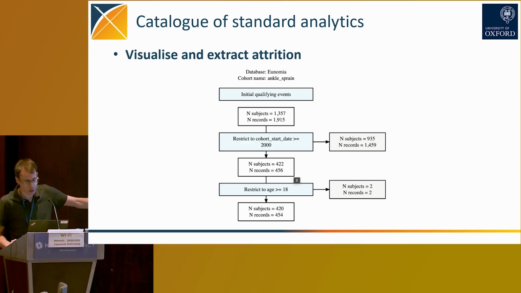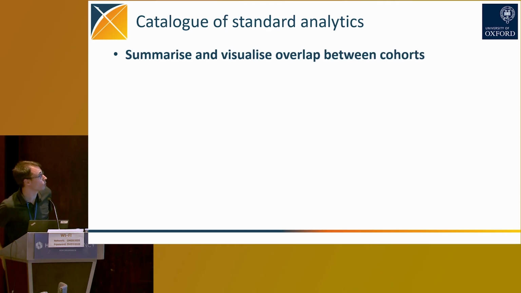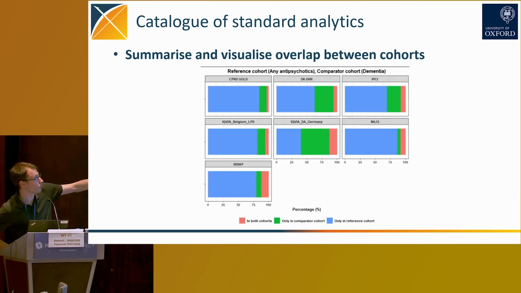Then the second thing that we can do is the overlap between cohorts. We would have two cohorts. In this case, it's a study about antipsychotics and dementia. We wanted to see the overlap between people taking antipsychotics and people with dementia.